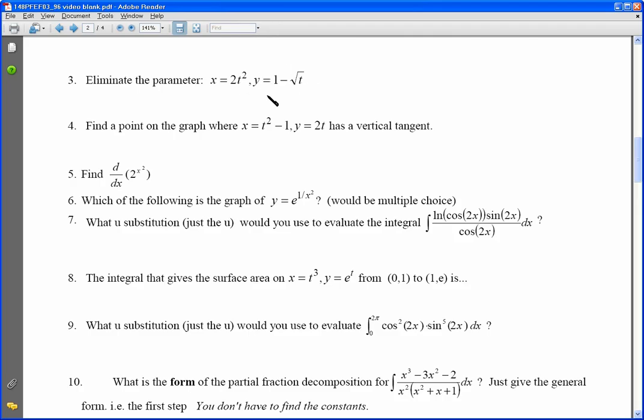So why don't we go ahead and solve y for t, and then we'll plug into x. So we'll actually end up getting x in terms of y.